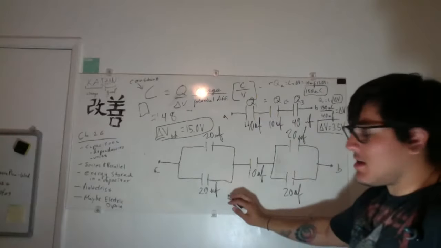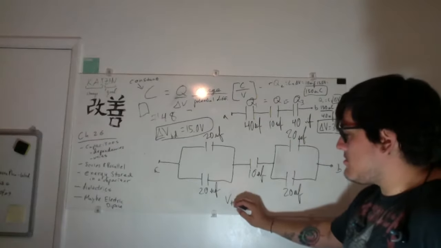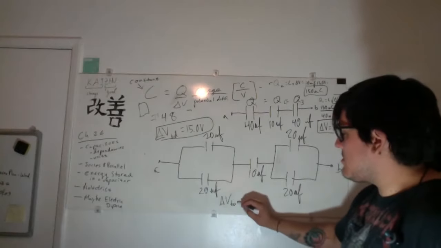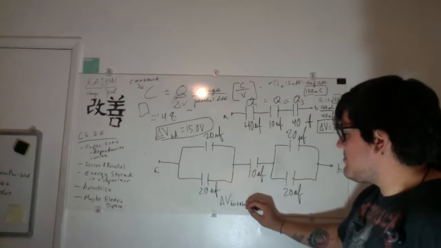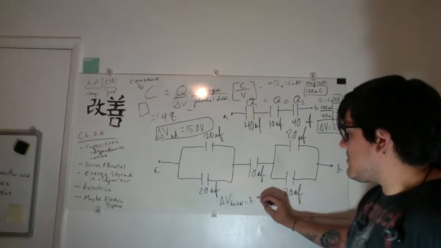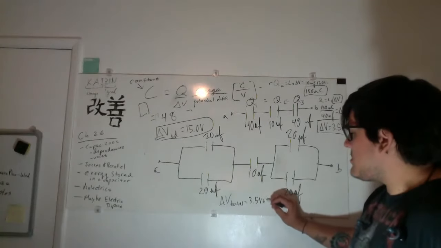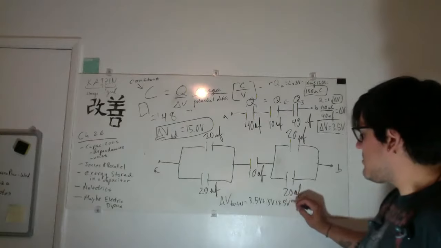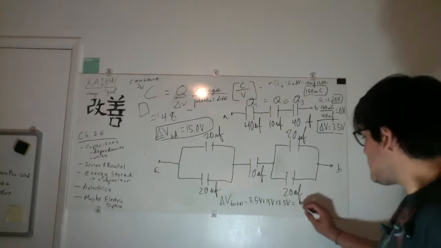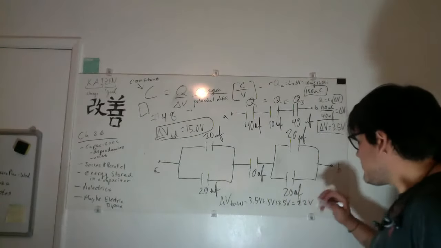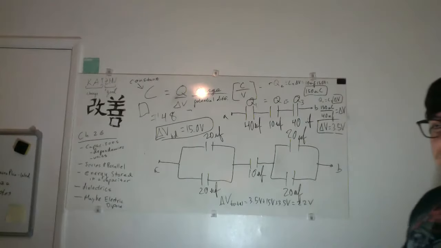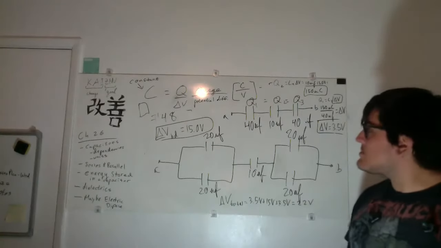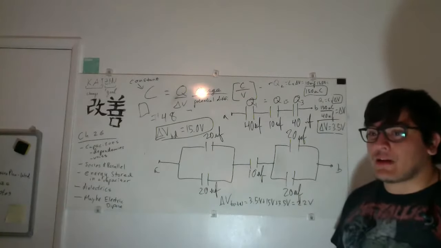So V total is 3.5 plus 15 plus 3.5, which is 22. Yep. Pretty good problem. I like it.